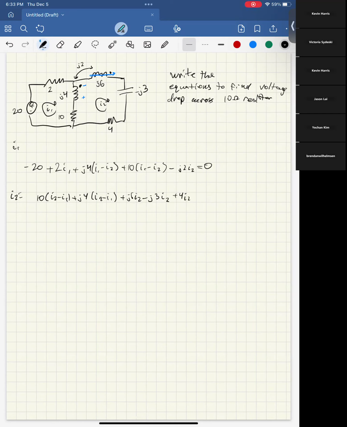And now we do our mutual inductance part. So here we have plus, let me make sure I'm doing this right before I write it down because I don't want to be silly. The answer key here that I have says something that I kind of disagree with.